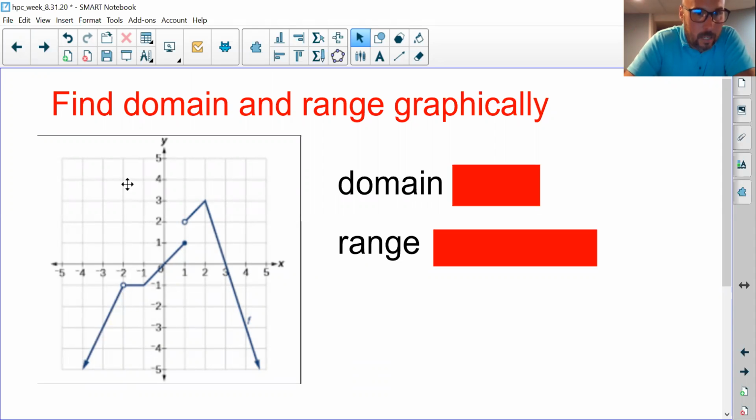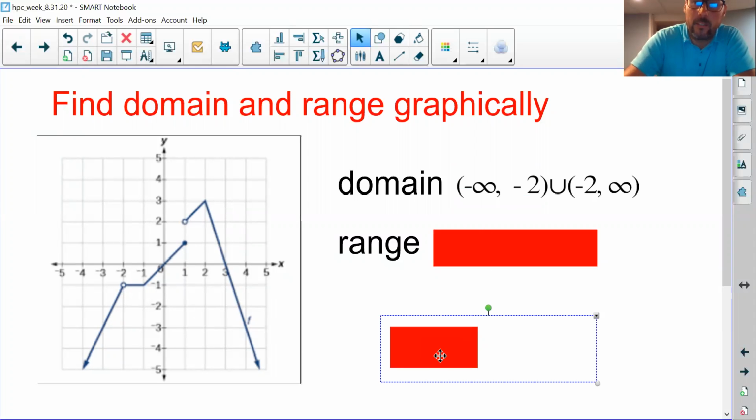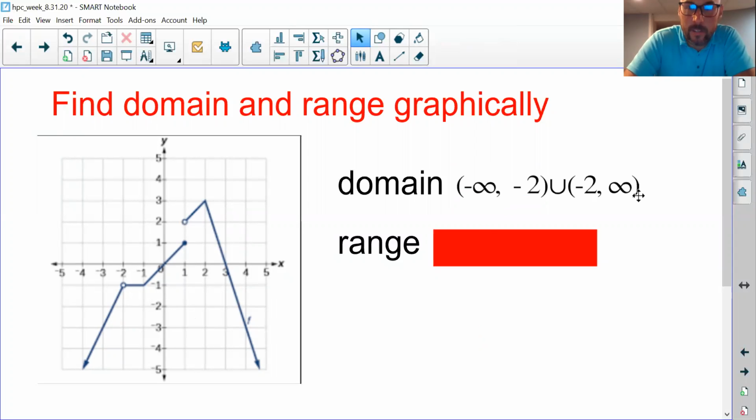I don't see anywhere else where it picks up. So -2 is not in the domain. It continues on to +1, and then it picks up just after 1 all the way to the right. So it's all real numbers except for -2. So that's how you would express it, from -infinity to infinity, but you're hopping over -2.